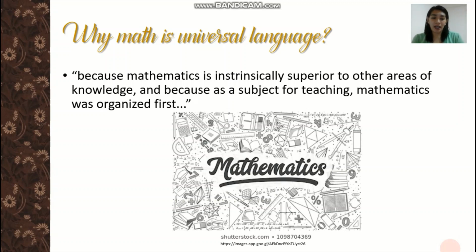For example, in science, there is math. Or even in language, there is still mathematics, like the rhythm in poetry, the syllables or lines. There is math there. We just don't see or feel it so much, or it's not really that obvious.